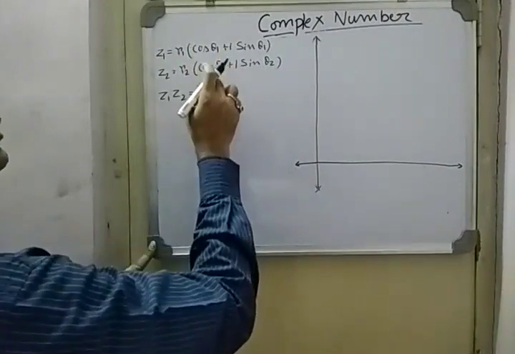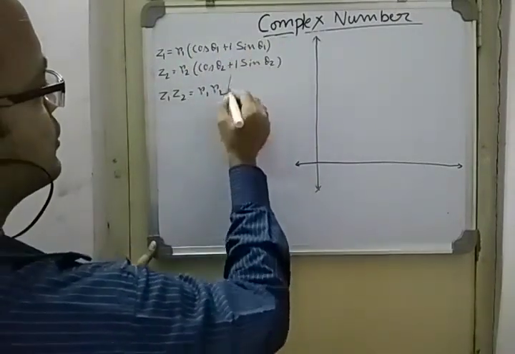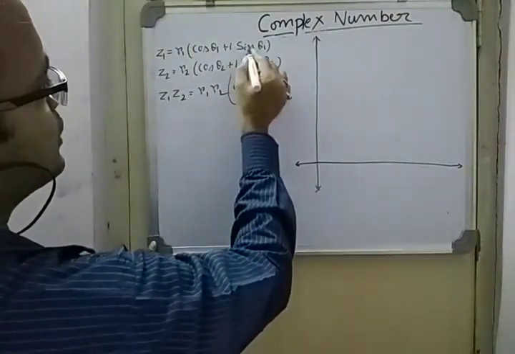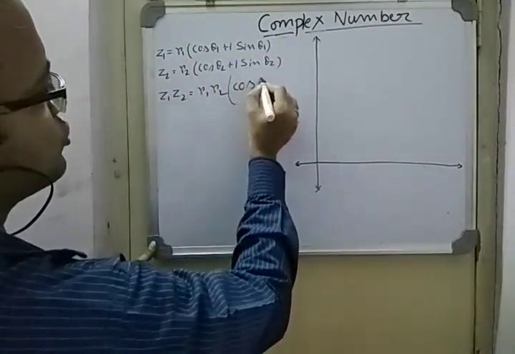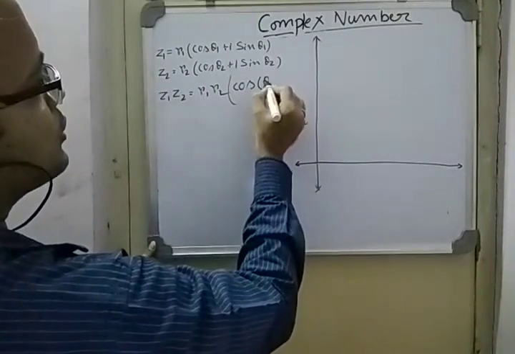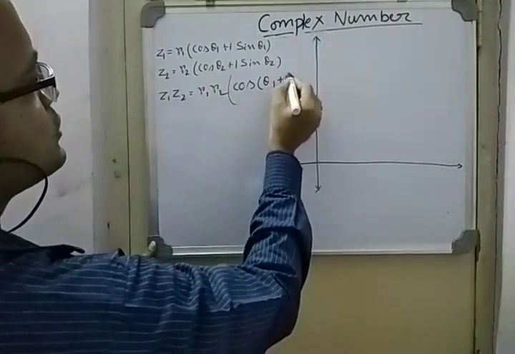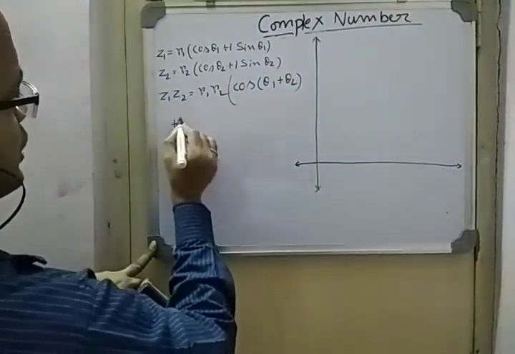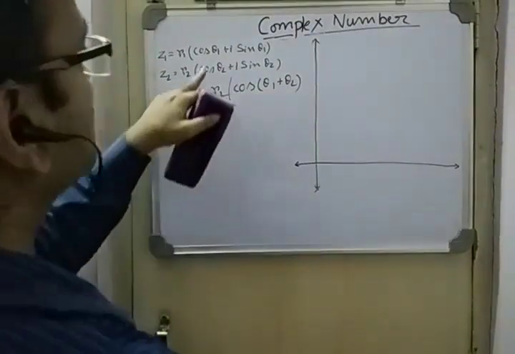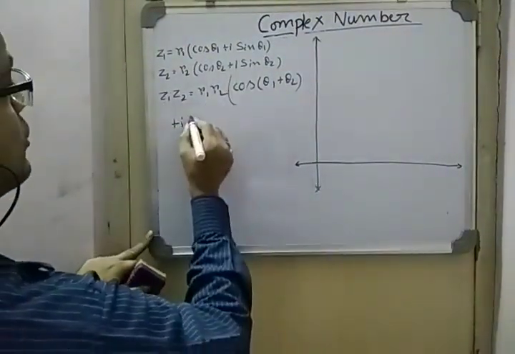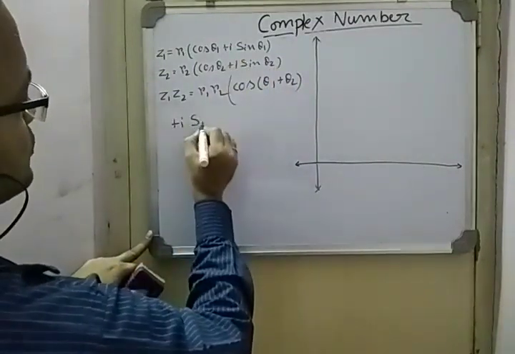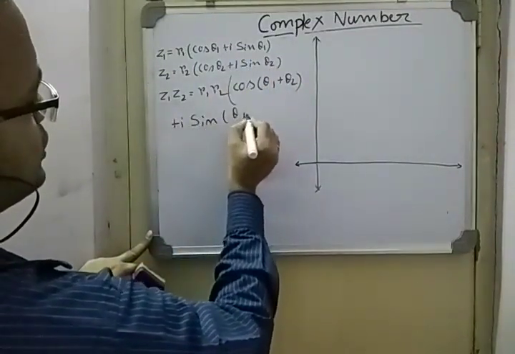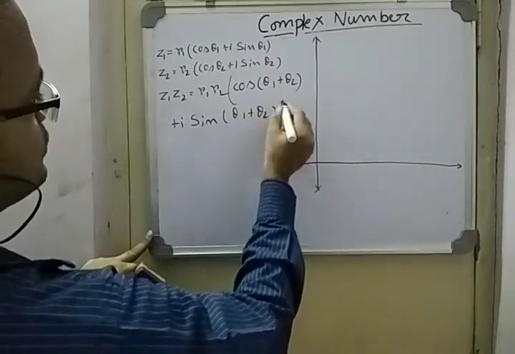So it is cos theta 1 cos theta 2 minus sin theta 1 sin theta 2. So it is cos of theta 1 plus theta 2, plus I. When you multiply, you will get I into sin theta 1 cos theta 2 plus cos theta 1 sin theta 2. So it becomes sin of theta 1 plus theta 2.